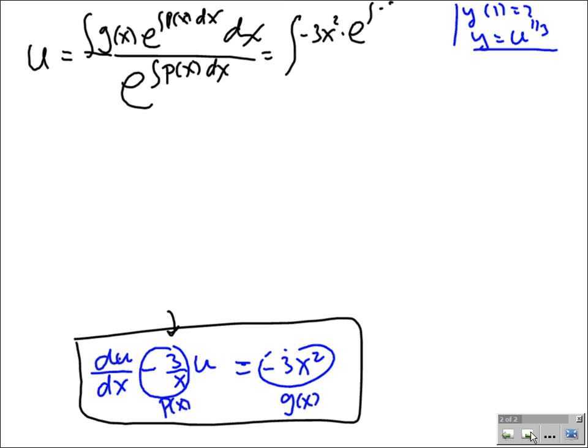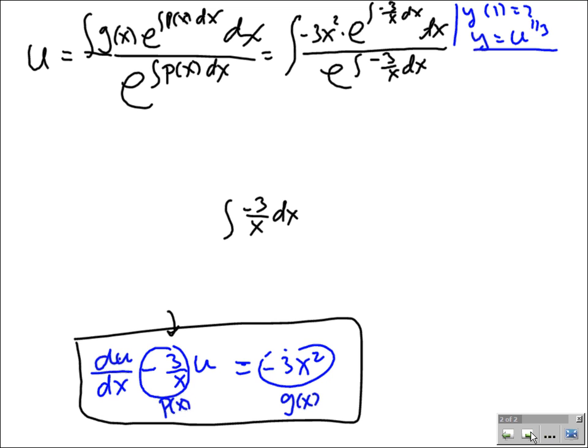So the integral of negative 3 over x dx over e to the integral of negative 3 over x dx. Well, first let's solve that. What is the integral of negative 3 over x dx? Well, if you pull out the 3, you have the integral of dx over x, which is nice and easy. It's ln of x. Bring in the negative 3 as the power, you get ln of x to the negative 3.